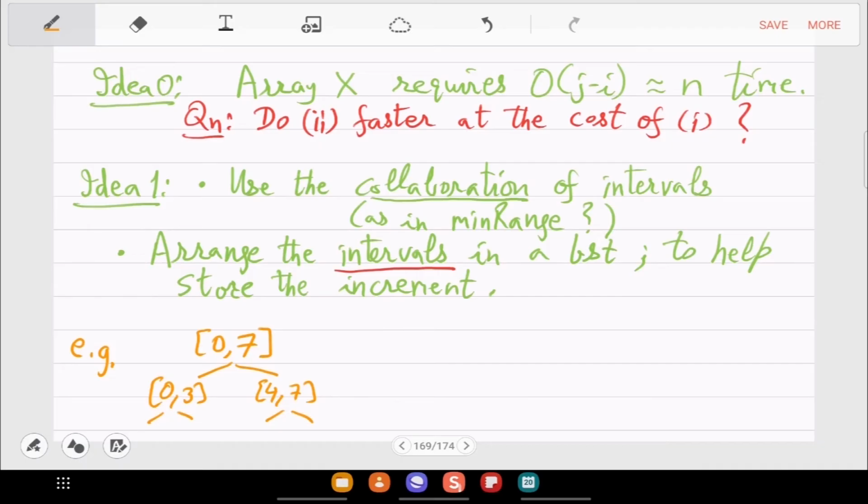So that is 0, 1 and 2, 3. And here similarly 4, 5 and 6, 7. I don't have space, but below this there is also a leaf layer where the leaves are singleton 0, singleton 1, then singleton 2, singleton 3 and so on. Okay, so this will be the complete tree.